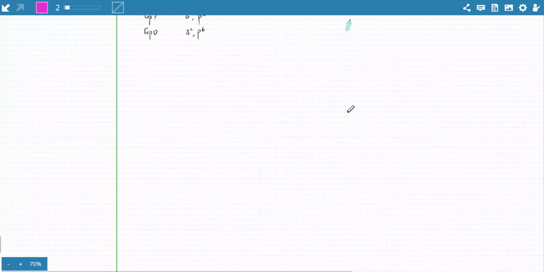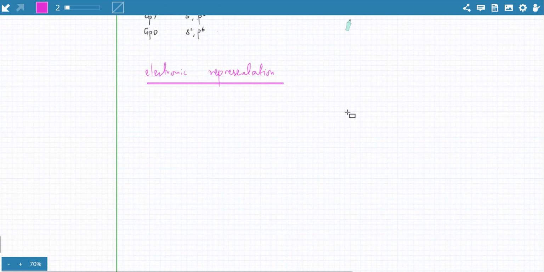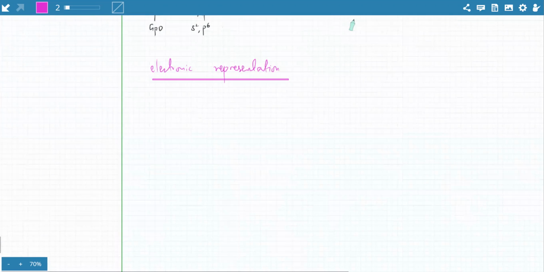Another very small thing is the electronic representation. There's another way to write it, and this is also something I've missed. If you write sodium, sodium has 11 electrons, so it's 1s2, 2s2, 2p6, and then 3s1.